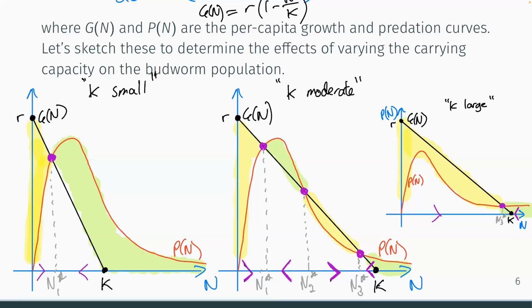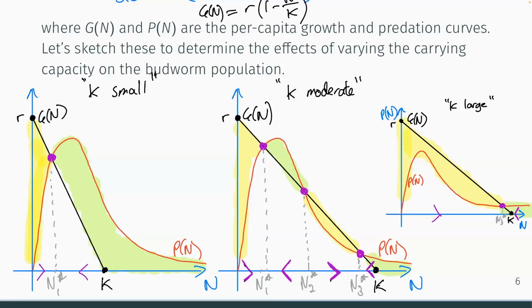So, can anyone tell me what kind of bifurcation this is? We're going from 1 to 3, and then there's a second bifurcation where we go from 3 to 1. Exactly, it's a saddle node bifurcation. So what you can imagine here is, let's do it this way, just because it's a little bit easier way to think about it.